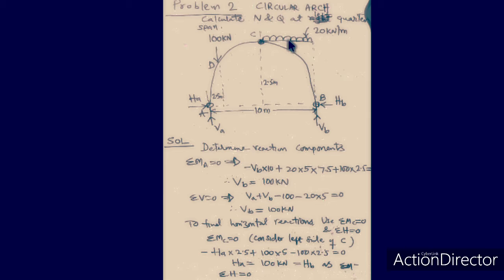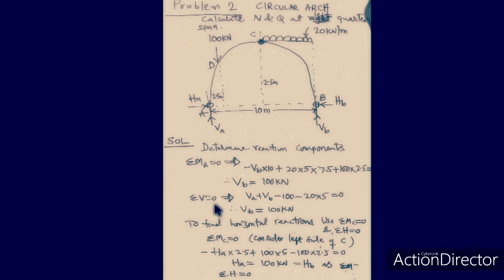The centroid of this UDL is at a distance of 7.5 from A. From A up to the midpoint of the UDL, it is 7.5, plus 100 into 2.5, this is 100 here, and this distance is 2.5. So this must be equal to 0. From this I am getting VB as 100 kN.